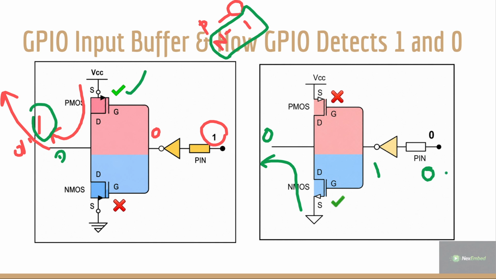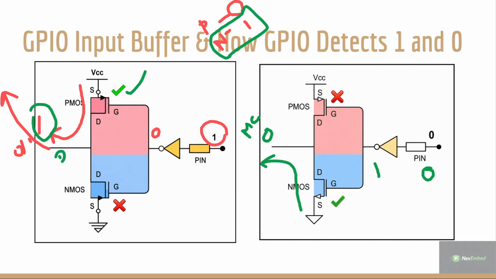In the other case, if the input is 1, at that time PMOS will be deactive and NMOS will be high. So ground is connected to the particular pin and 0 value will reach my MCU. This is how, according to the input, PMOS and NMOS act, and it will deliver the corresponding input to my MCU. Okay, I hope it is clear.